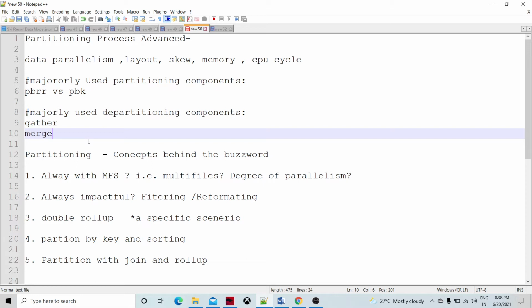For that we have to have separate locations where our graph or a component can run and do its internal processing.